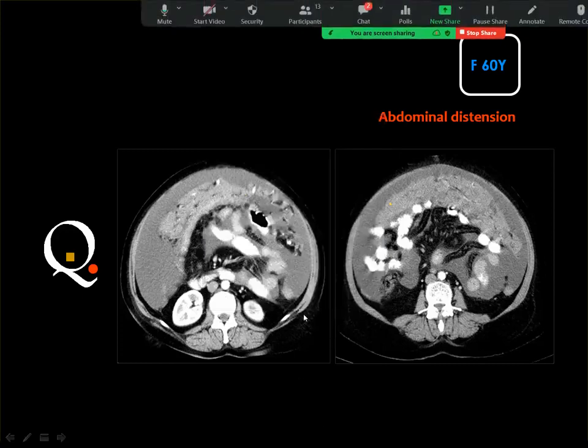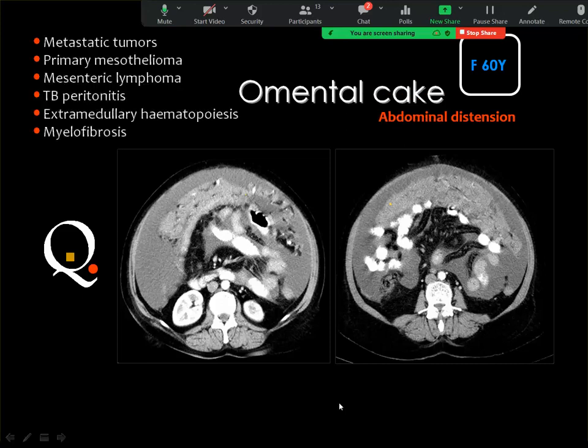Then if you are asked about the differential diagnosis of an omental cake, this is the differential diagnosis. Number one and the most common by far is metastatic tumors, especially the ovaries. Number two, the primary mesothelioma of the peritoneum. Number three, mesenteric lymphoma. Number four, TB peritonitis.